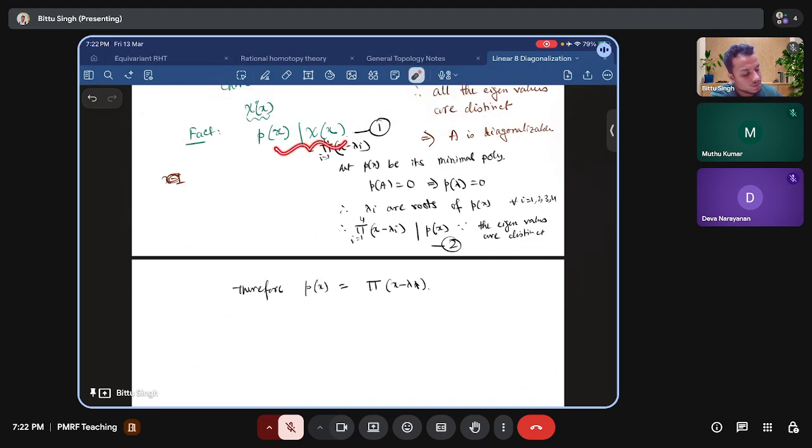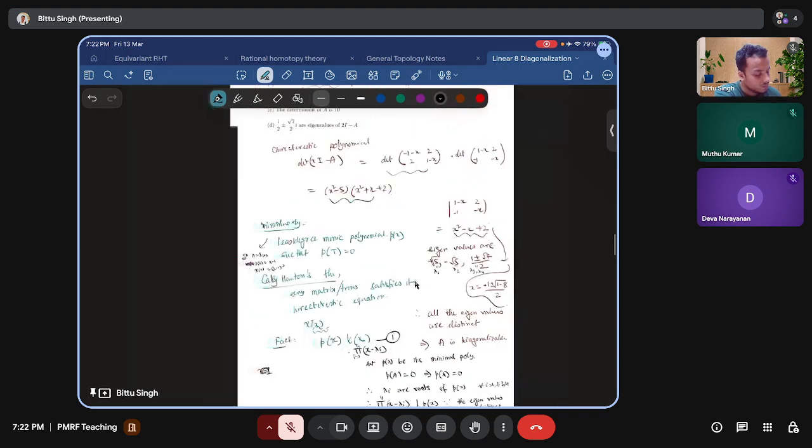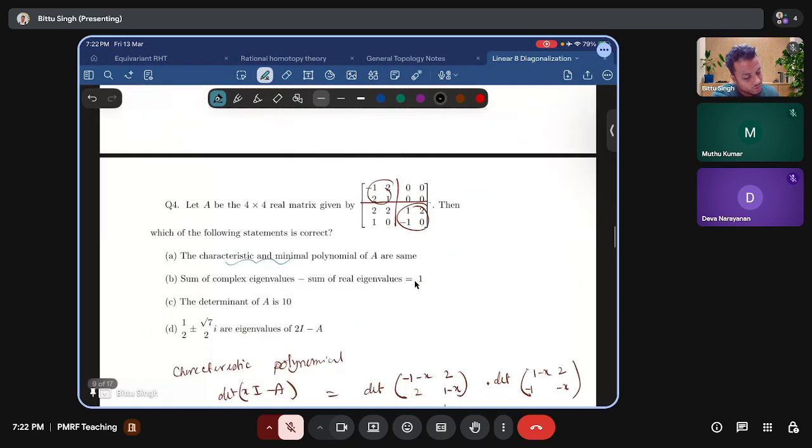Using those two facts, p(x) divides chi(x) and chi(x) also divides p(x), therefore both p(x) and chi(x) are the same. So A is actually true.